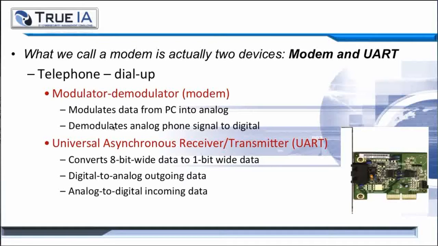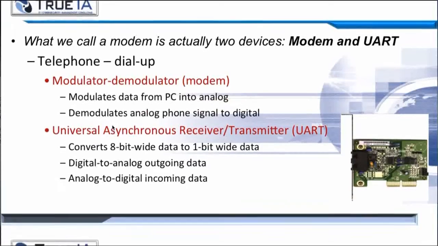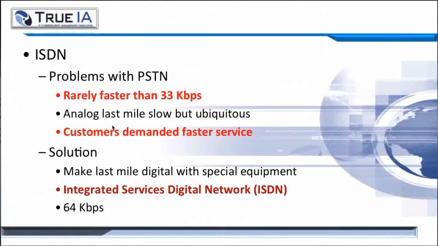The UART, or the Universal Asynchronous Receiver Transmitter, takes that 8-bit wide data and chunks it down to 1-bit wide data. This is your digital to analog for outgoing data, and then your analog to digital for incoming data. Understand, with your POTS line, you can rarely get faster than 33 kilobits per second.